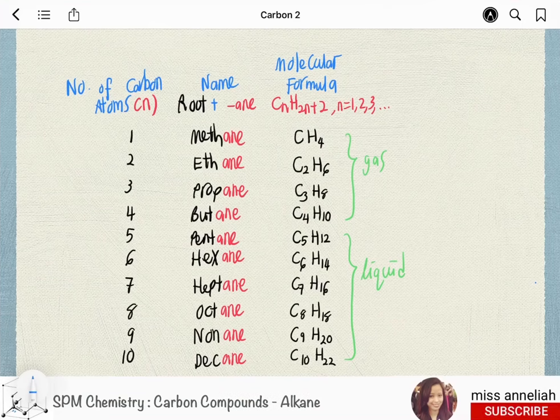We can deduce the molecular formula of an alkane by using the general formula CnH2n+2, where n is the number of carbon atoms. So when n is 1, Cn is C1, H2n+2 is 2 times 1 plus 2, so it is C, 2 times 1 is 2, plus 2 is 4.